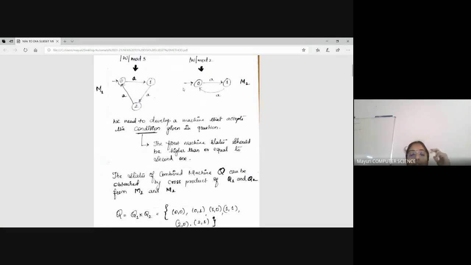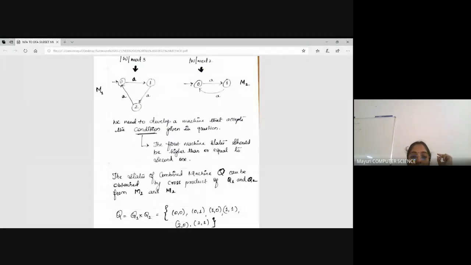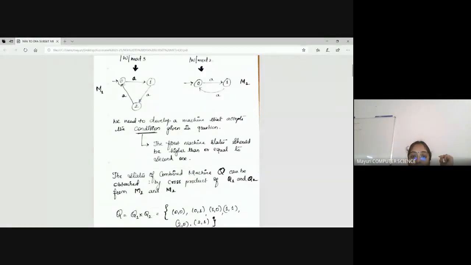Since I have to combine these two machines based on some condition, here I have 3 states and here I have 2 states, and I take the cross product of them.